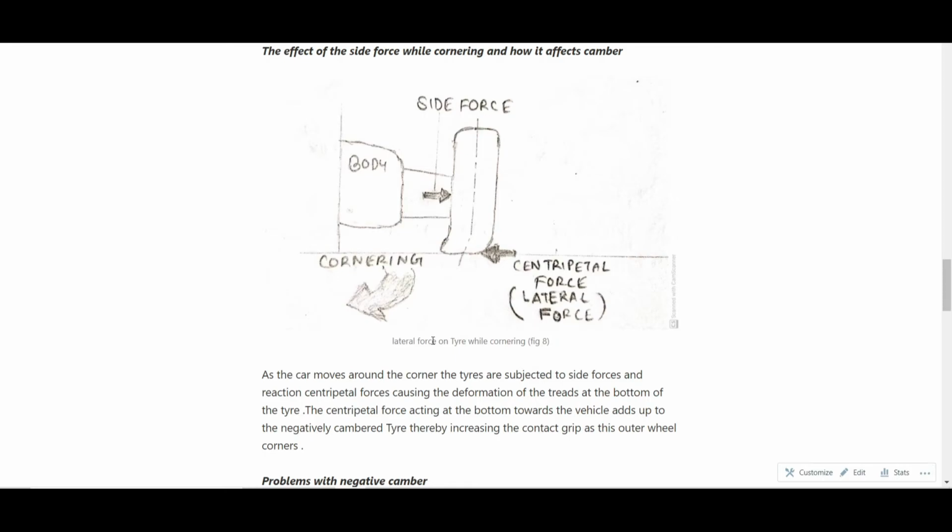In order to oppose this side force which is acting on the tire because of the roll, there is an opposing force called the lateral force, lateral thrust, or centripetal force acting at the bottom of the tire contact patch, which is here, which adds up to the negatively cambered tire, thereby increasing the contact grip of the outer wheel, thereby providing more traction.